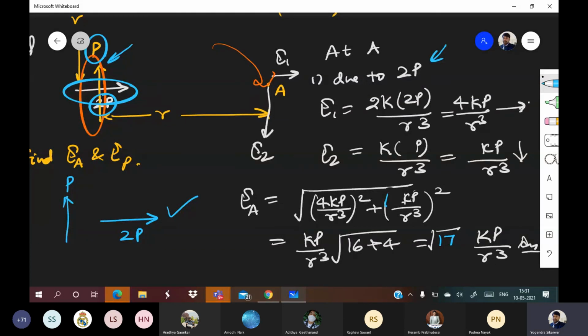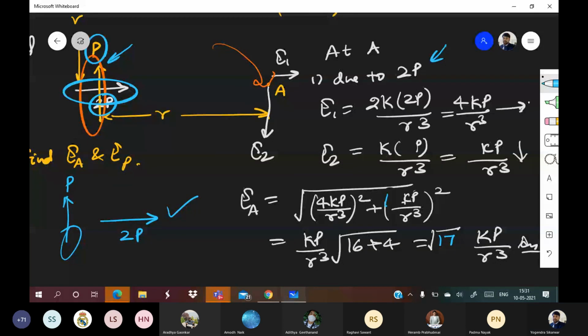For 2p, the point is on axis, so we took the formula 2Kp upon R cube. But for p, which is perpendicular, that point is equatorial. So the formula will be Kp upon R cube, and the p value is p. That's how the answer is.